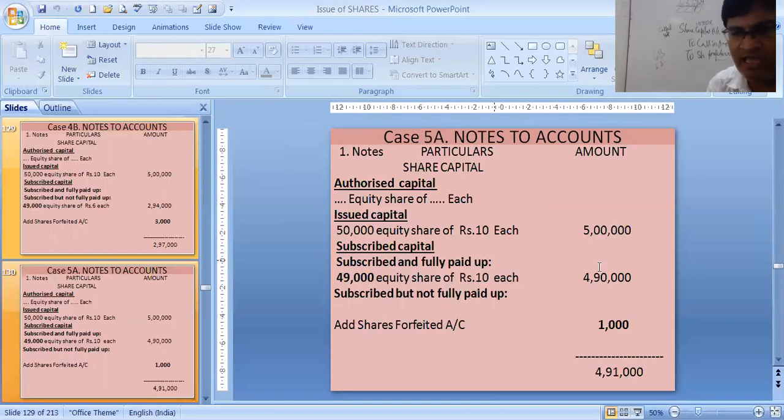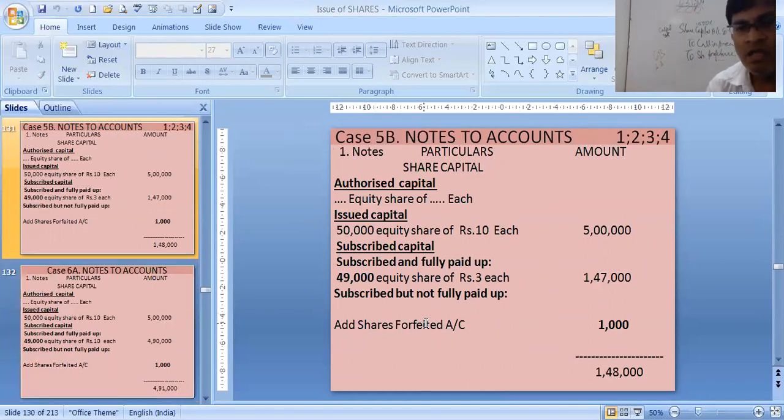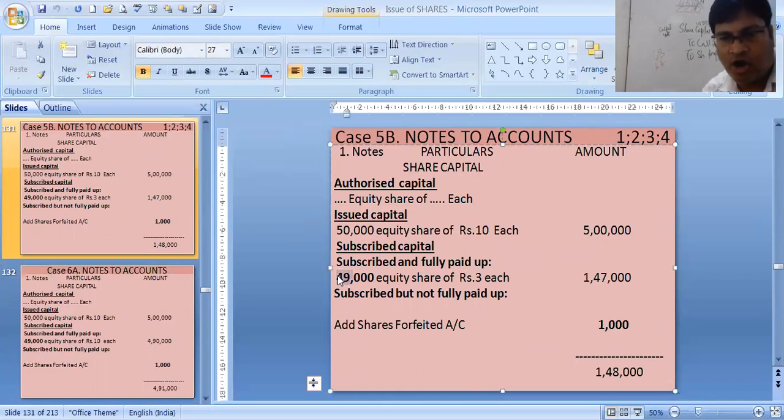In case 5A, for the first case, when the company is calling the rest of the shares, it is 49,000 into 10, 4,90,000. Add shares forfeited 1,000. Next is what? Subscribed but not fully paid up. That is 1,47,000. This value will be coming under not fully paid up in case 5B, because the company has not made the call only.